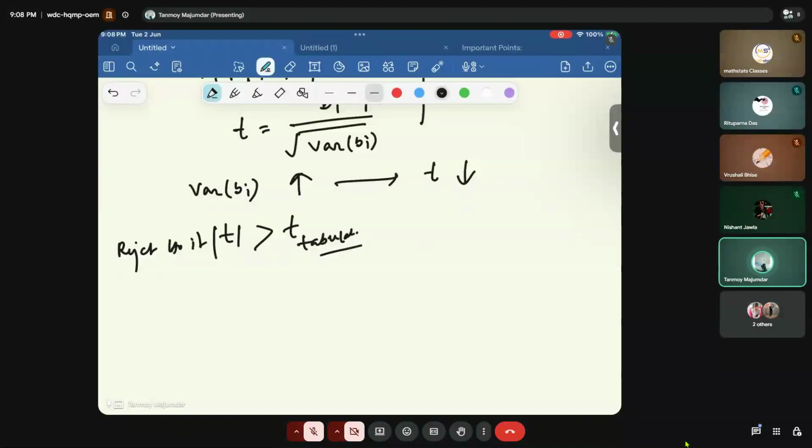And in this way, null hypothesis will be always accepted.